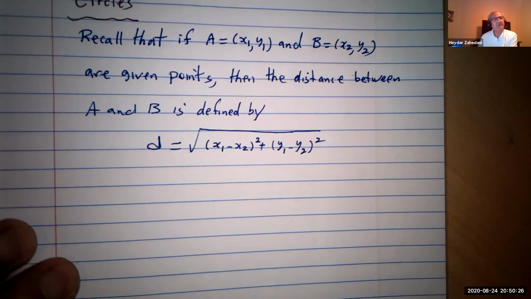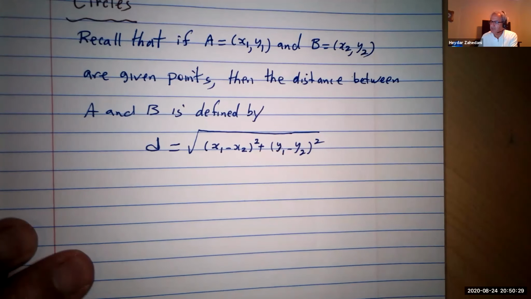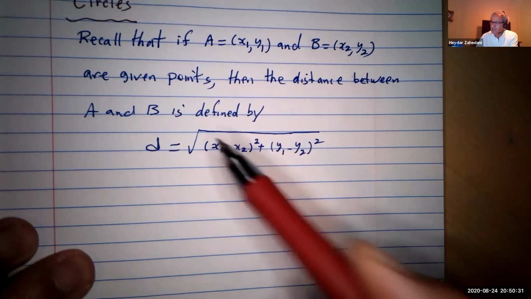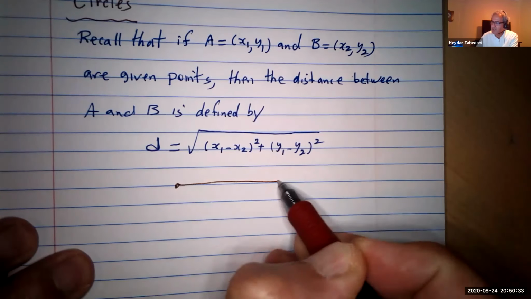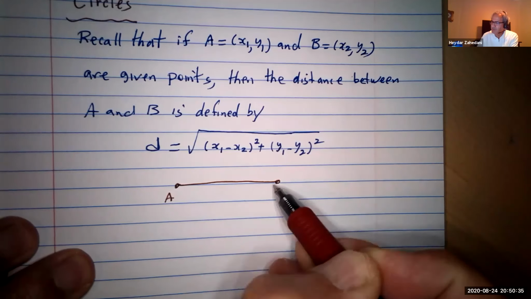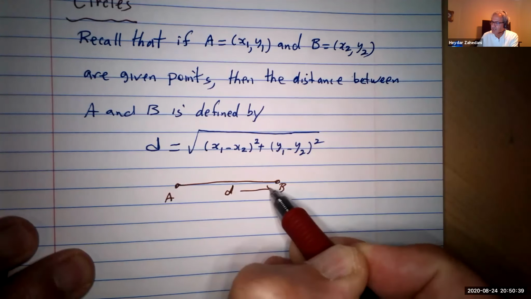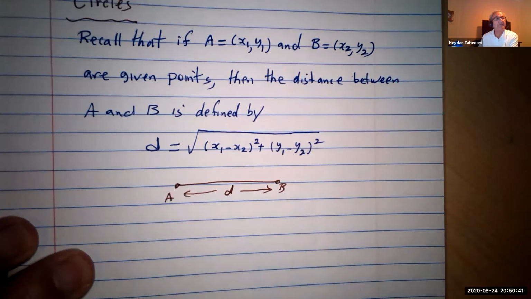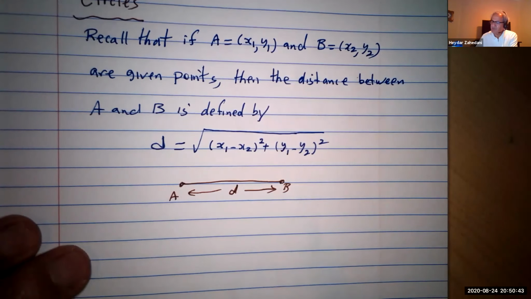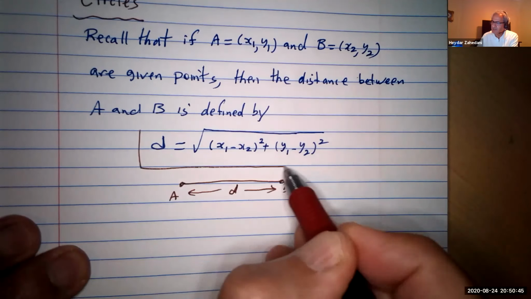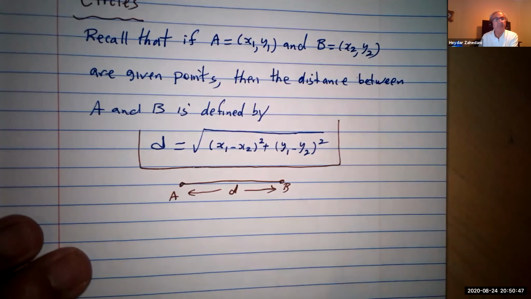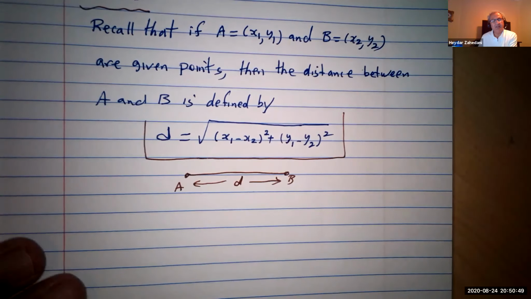That's the distance between two points, point A and point B. Okay, that's the distance formula that we needed. Any question? And we need another formula, the midpoint formula.